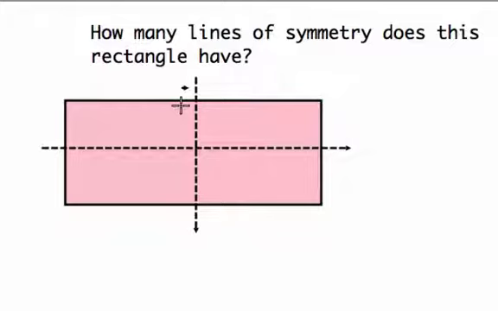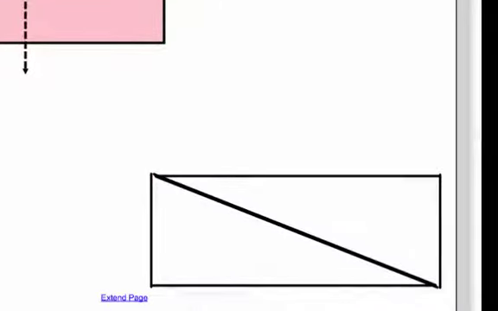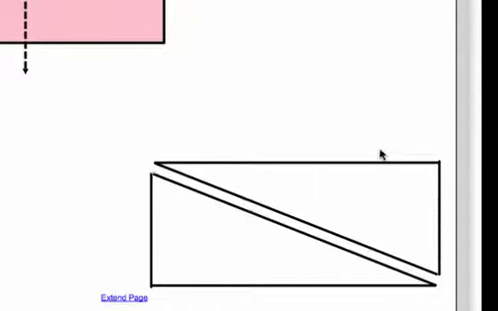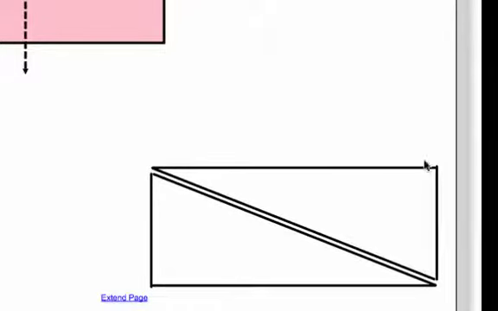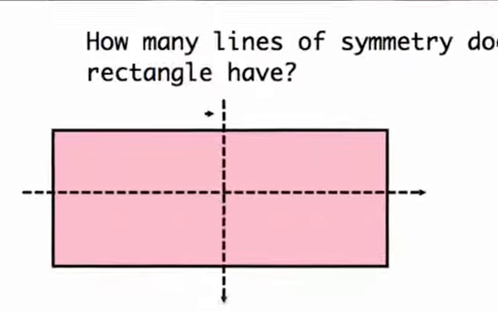It would fold over the edge. If we brought this into two triangles, this triangle right here would be folded so that your part with the right angle would be over on this end. It wouldn't fold perfectly into a mirror image. Okay, so it would just have two lines of symmetry.